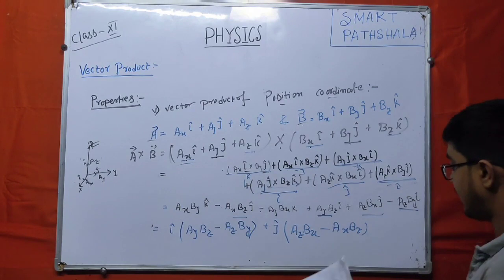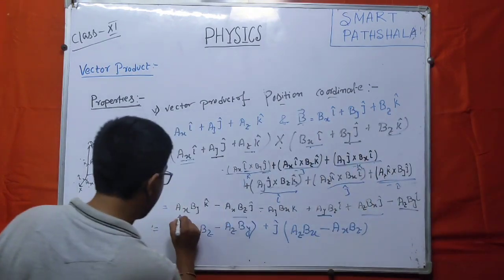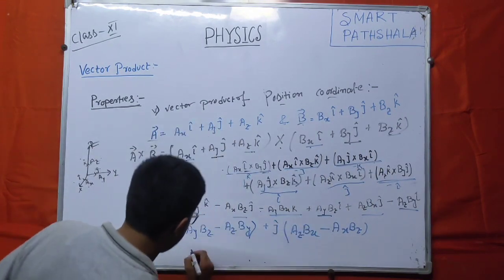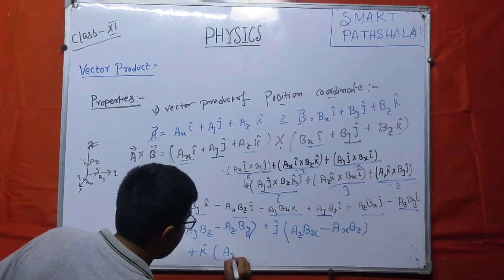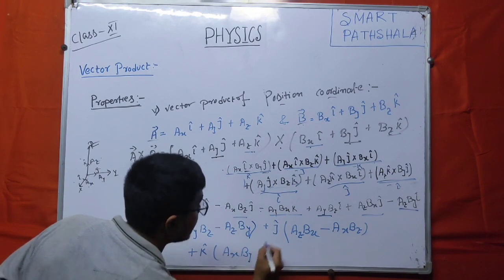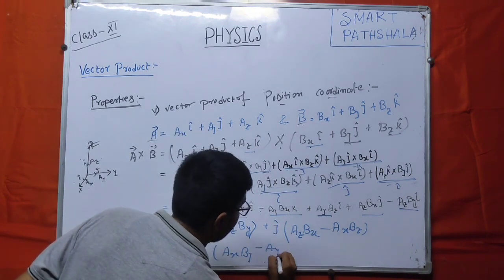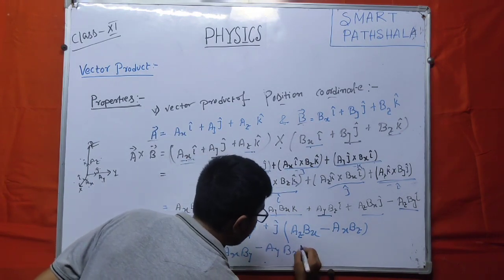Now for the remaining parts, take plus k cap common: ax by minus ay bx.